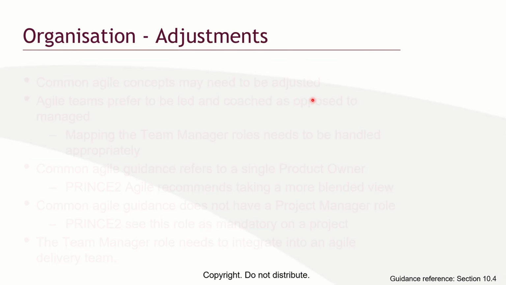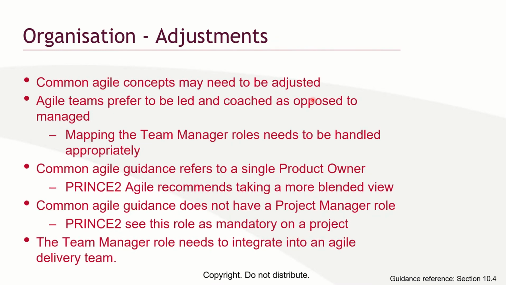Okay, a complicated area to integrate an agile delivery team into Prince2, you can have a complicated area where it may be difficult to align them. In that case, what is the recommendation for you?